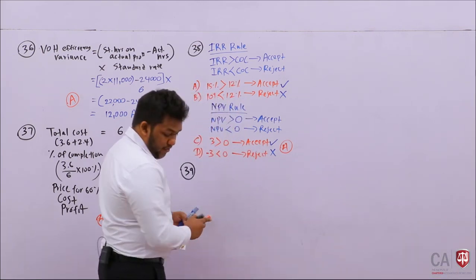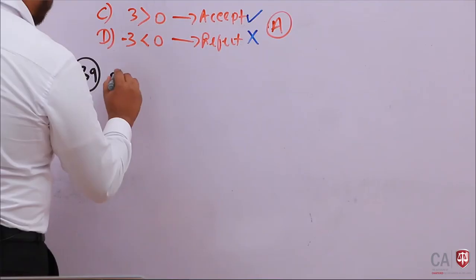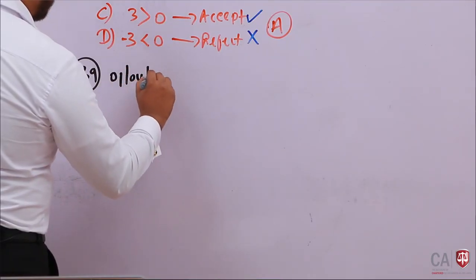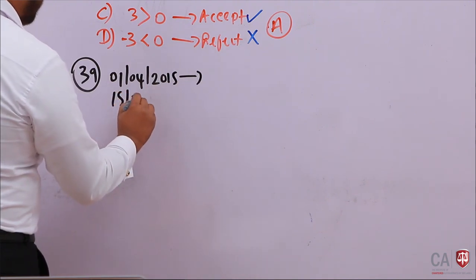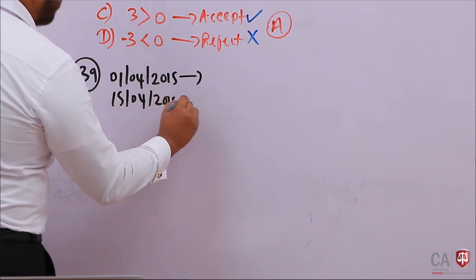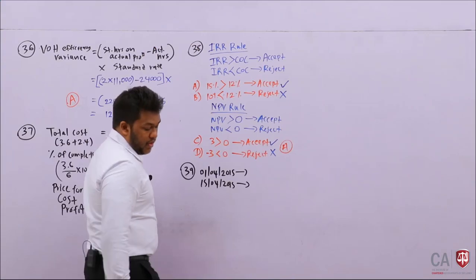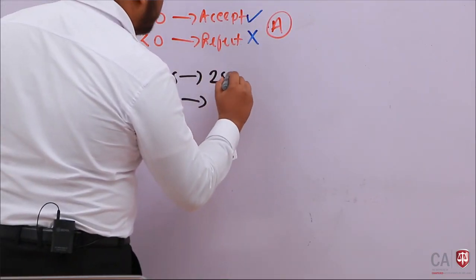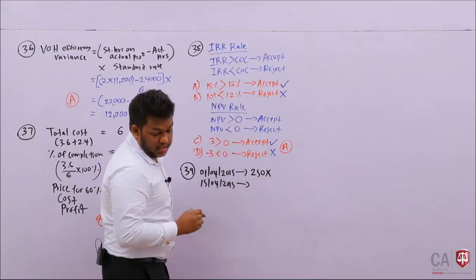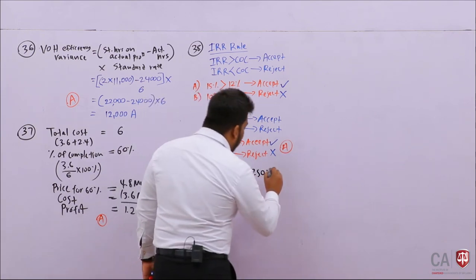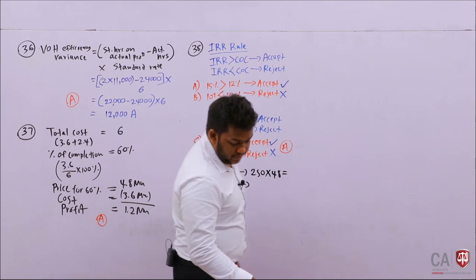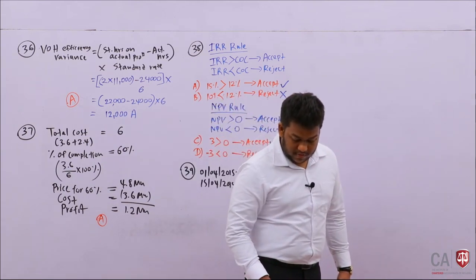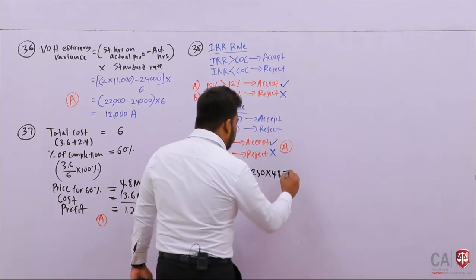So how to do it? See, 1st April 2015 and also 15th April 2015. What happened? 250 kilograms were purchased for 48. So the value of this is how much? 12,000.